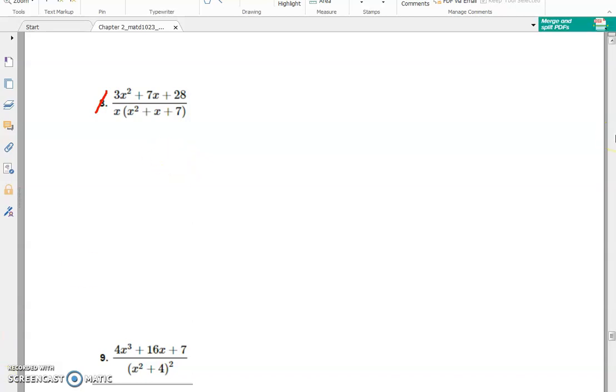Okay, let us see here the denominator. If you want to focus on the denominator right now, we can see that x is your linear factor. But now when we look into x squared plus x plus 7, here we can consider it as our quadratic factor.